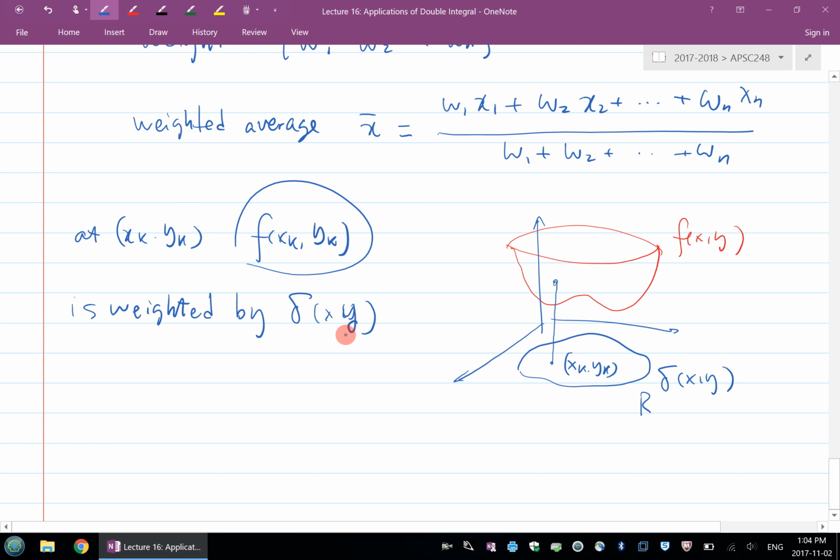Or maybe before I say delta, let's just say it's weighted by the mass, delta mk, representing the small mass around that area. So you always multiply this data point with the weight, which is delta mk. And this is literally a mass.